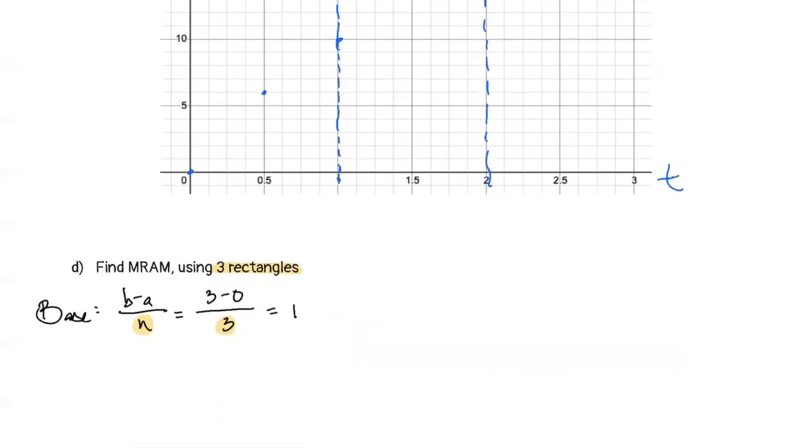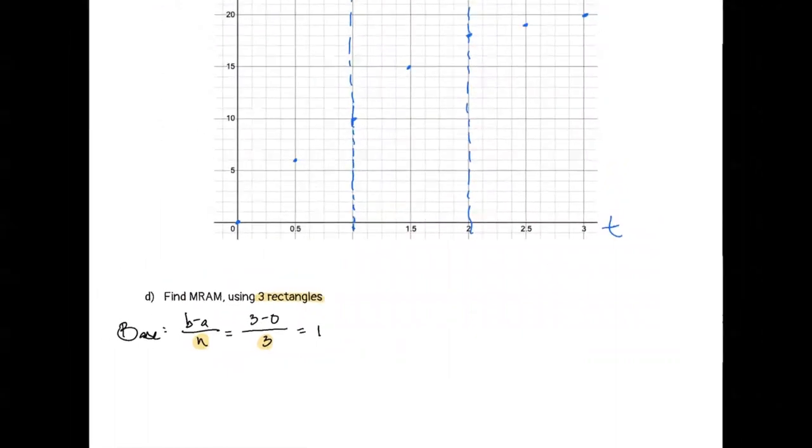Now, I'm wondering if you can tell me about the height. Before you start giving numbers, can you write the height using function notation? So instead of saying 10, I would want you to say f of 1. What are the heights for each of the 3 rectangles that we have here?